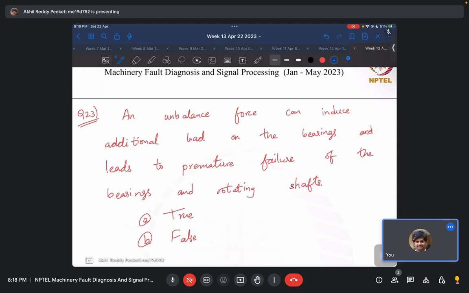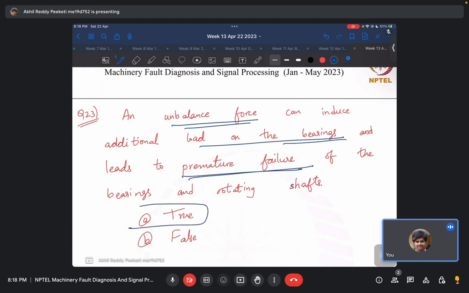True or false? What do you guys think? Does an unbalanced force not cause additional load on the bearings? It does cause additional load on the bearings and it can lead to premature failure. So the answer is true. That's why it is important to balance out the forces.